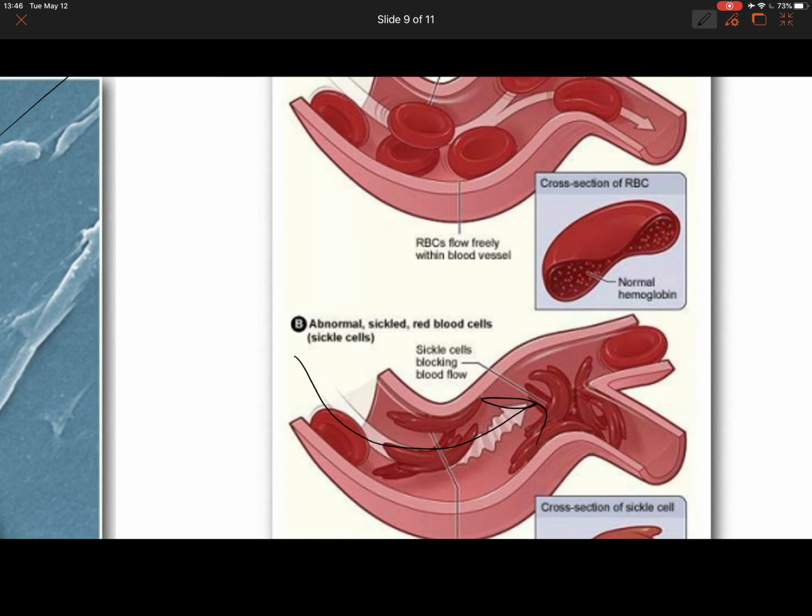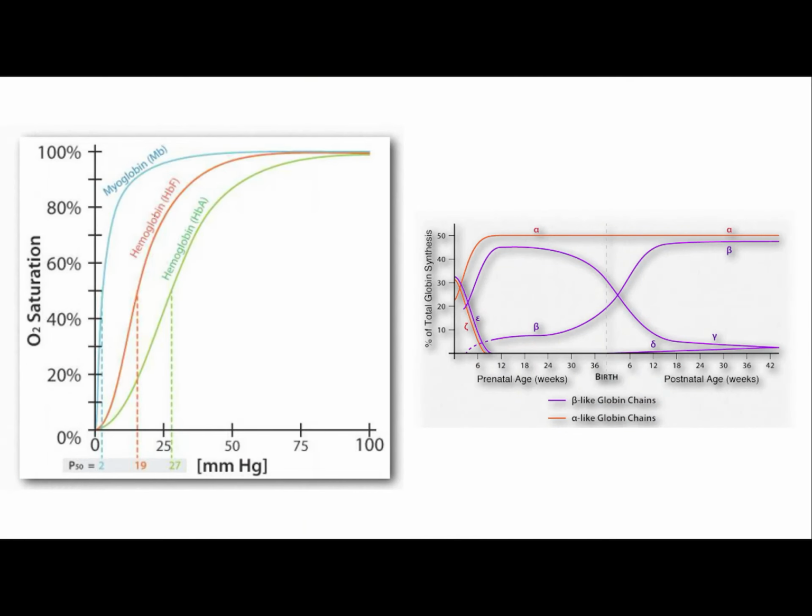So again, fetal hemoglobin has a higher affinity for oxygen than adult hemoglobin. And you can even see in this table how the types of hemoglobin a baby makes change as the baby ages. Initially they make lots of alpha; everybody needs alpha.